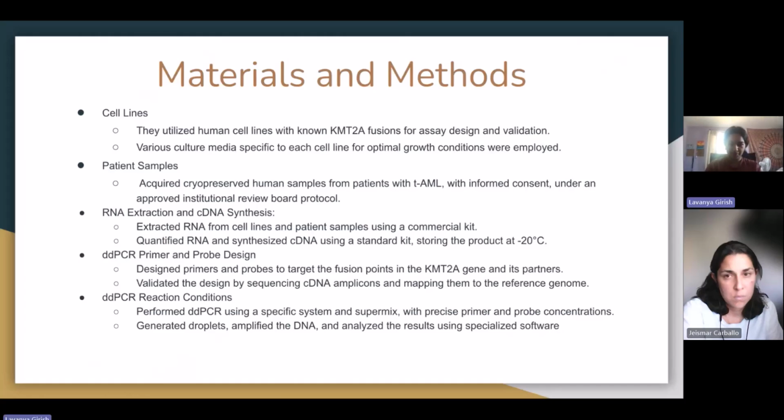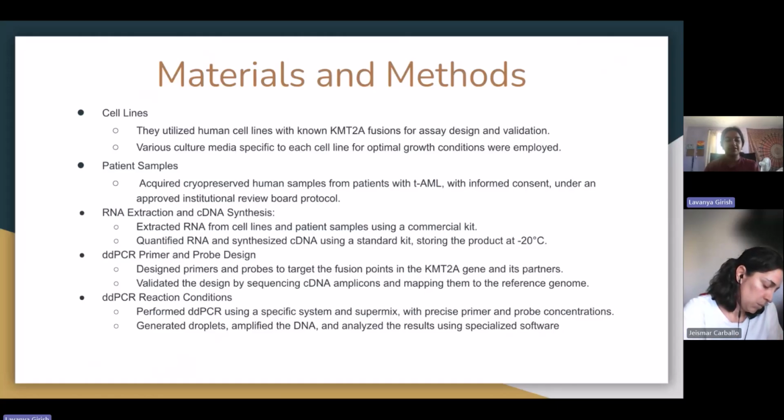For the ddPCR primer and probe design, they designed primers and probes to target the fusion points in the KMT2A gene and its partners, and they validated the design by sequencing cDNA amplicons and mapping them to the reference genome. For the reaction conditions, they performed the ddPCR using a specific system in supermix with precise primer and probe concentrations.